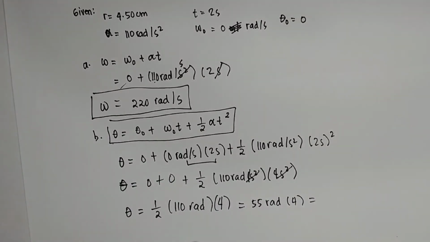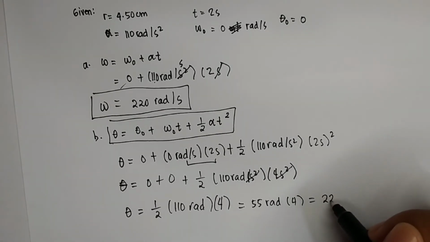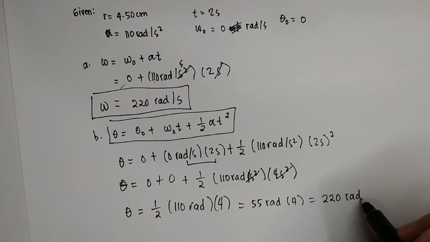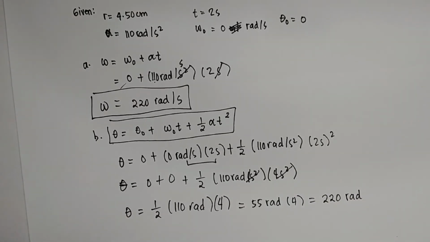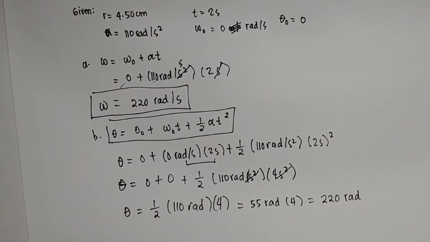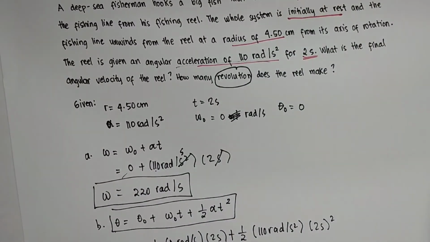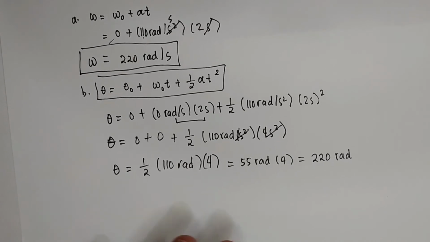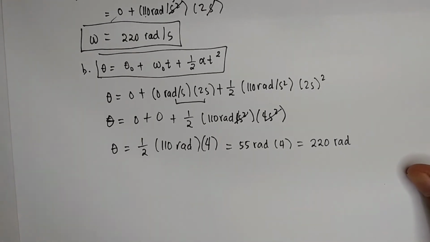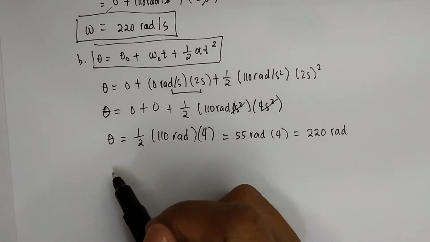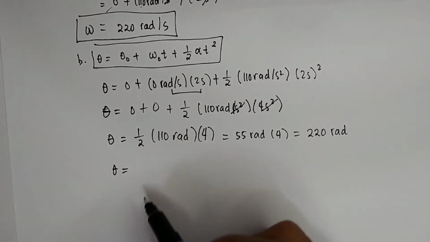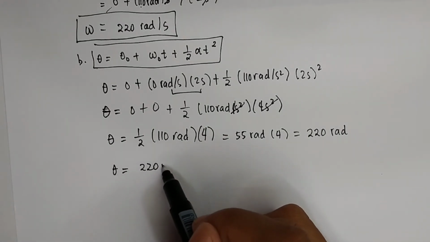So 55 rad times 4 is equal to 220 rad. So that is our angle. However, the question asks how many revolutions. So we need to convert this into revolutions. How are we going to convert that? We have theta, that is 220 rad.